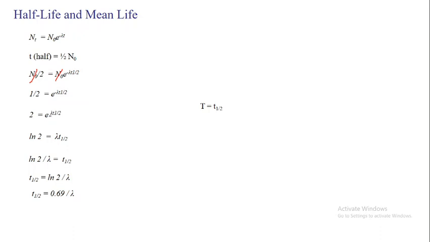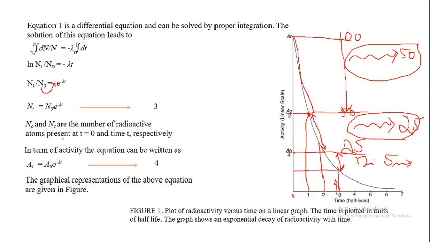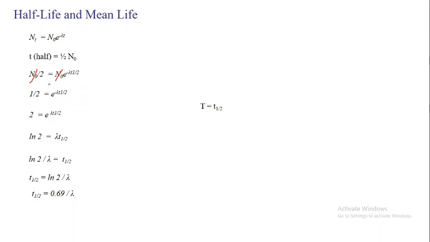So converting this into log form, ln 2 would be equal to λ t half. Exactly as we showed in the previous slide, this log is converted into natural log and e raised to power minus λt. Similarly we do it here. So ln 2 is equal to λ t half.